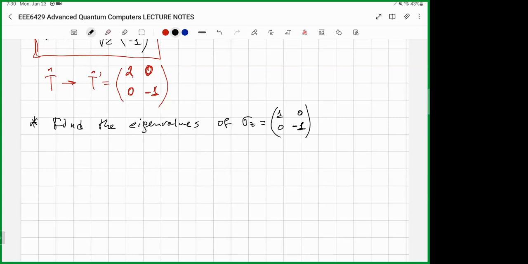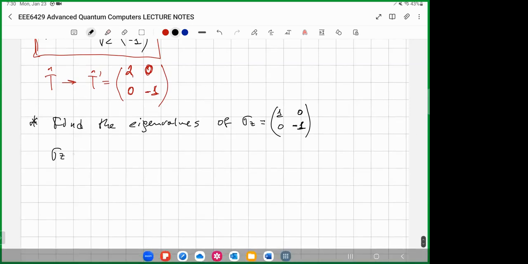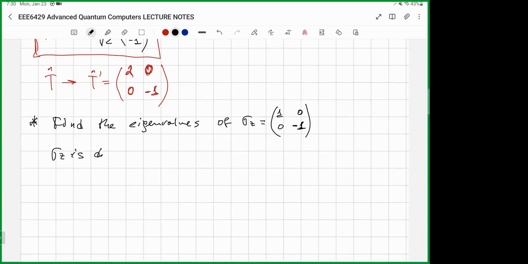We don't, because this matrix is already diagonal. So this sigma z is diagonal, which means the diagonal elements are already eigenvalues. So the eigenvalues of this matrix are 1 and minus 1, and there is no need to diagonalize this matrix.